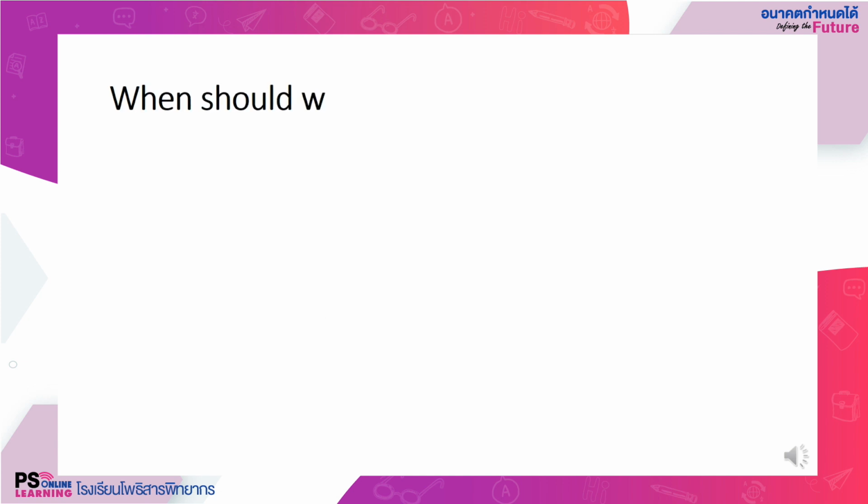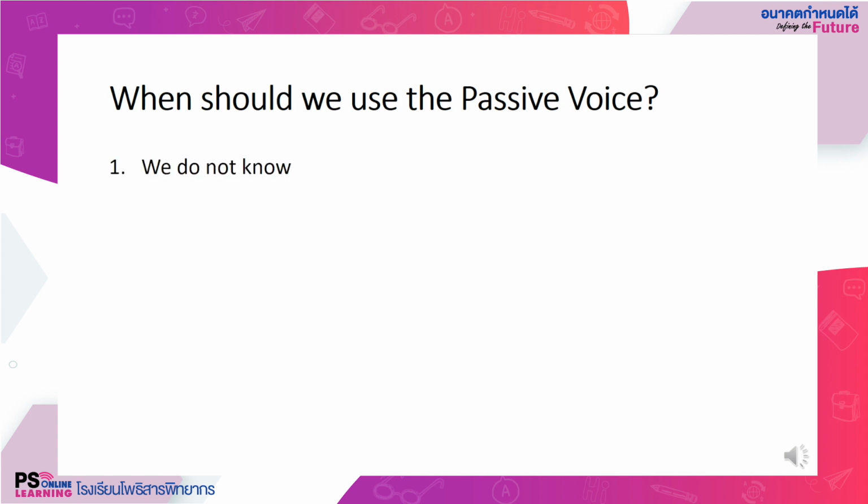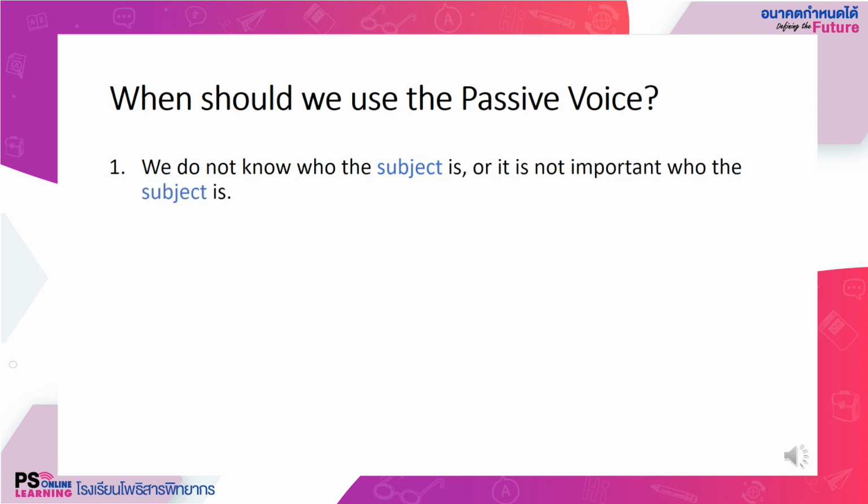Well, now we want to know when we should use the passive voice in our sentences. Number 1, when we do not know who the subject is or it is not important who the subject is. For example, somebody cleaned the room. The room was cleaned. We don't know who the person is that actually did this action, so we can simply use passive voice here.